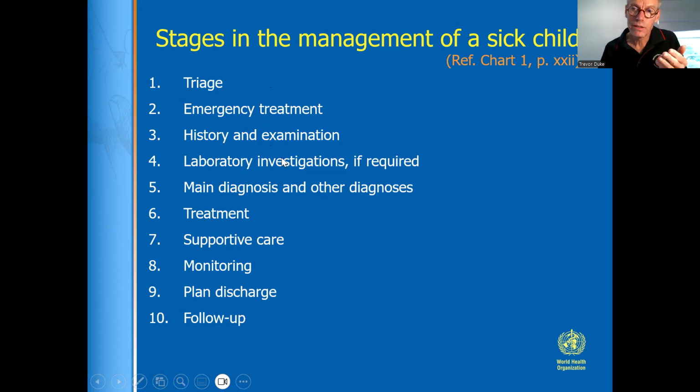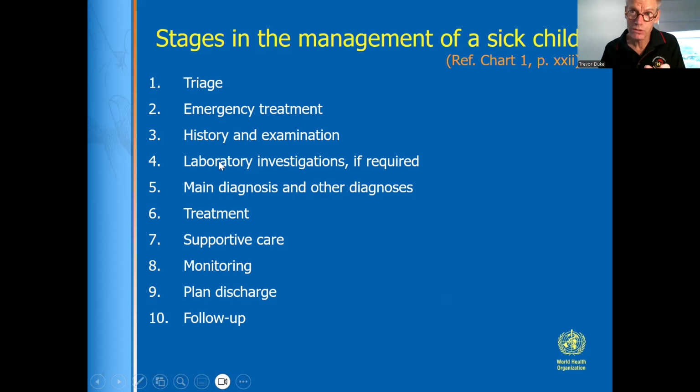And in many children, laboratory investigations are needed to confirm a diagnosis, to exclude other diagnoses, to look for complications of the underlying disease, the primary diagnosis, or some other secondary diagnosis, to look for comorbidities, etc.